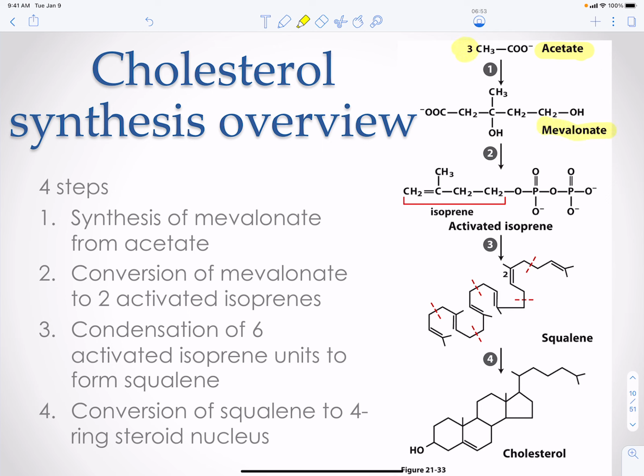And then you're going to convert that to 2 active isoprenes. So here are your active isoprenes that have phosphate groups attached. And then you're going to condense 6 of those isoprene units to form squalene. And you can see the squalene, your ring structures are starting to come together. And then the squalene gets converted to the steroid nucleus.